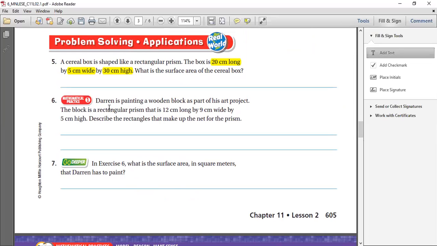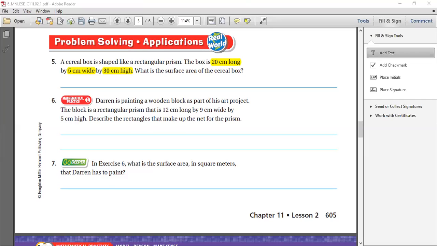Now they want you to describe the net. So describe in the sense you have to say what faces there are going to be for the rectangular prism, and what is going to be the length and what's going to be the width. Now if you want, you can draw it with me, for a clear picture. Else it's all right, you can just follow what I'm teaching you.